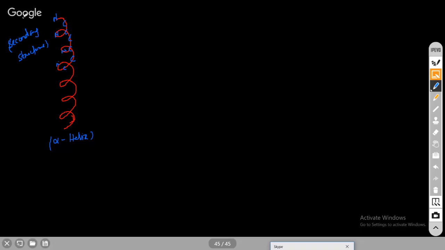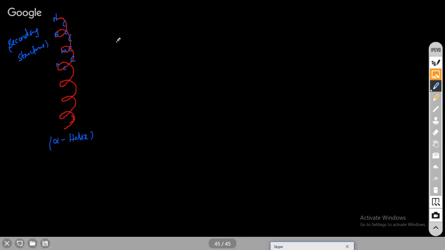Right. Now, this secondary structure, the helix, is also very long, right? It's not small. It's a very long chain, more than 100. We are just taking a reference, but there can be lakhs or thousands of amino acids present in a protein, right? So because of this, this structure will also not be very straight.